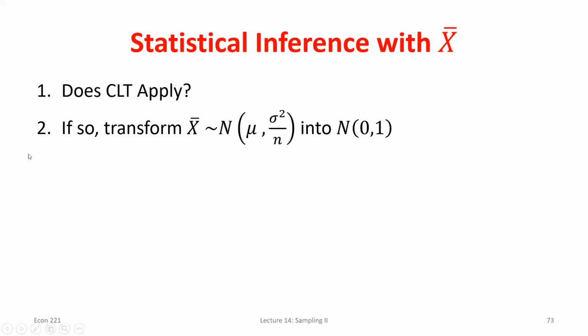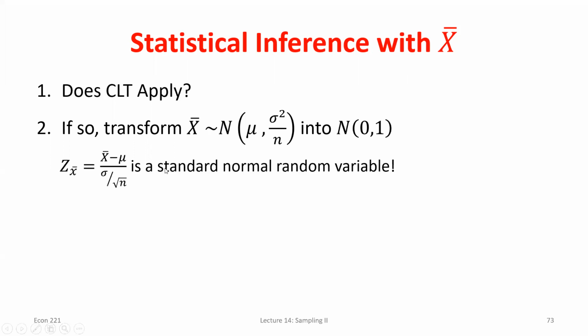I have a cutoff, and I want the probability it's greater than that, or to the right. But I know that the sample mean variable is normally distributed. So if I know that it's normally distributed, and I now know what its mean is and what its variance is, I can convert that into a z-score, or a standard normal distribution, and then follow the same steps I was doing before.